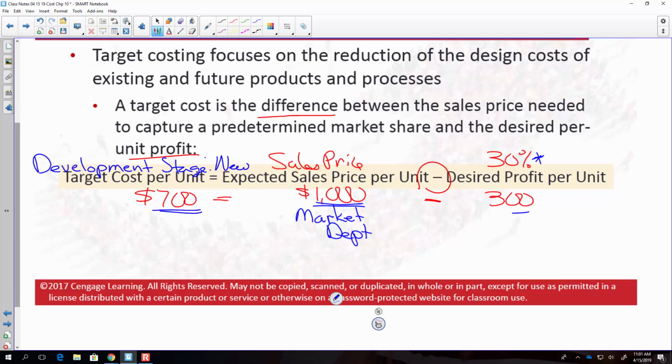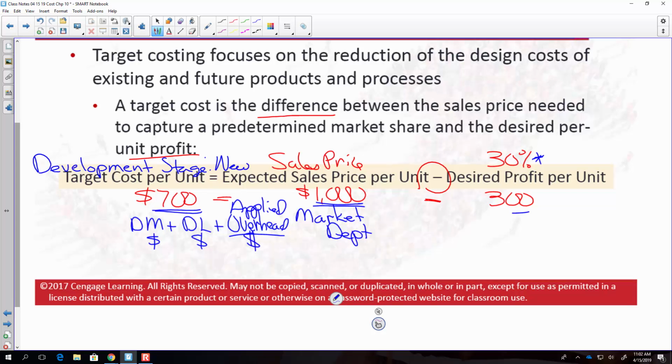So our target cost then in development is made up of our material cost, our labor cost, our overhead applied, right? So here again is a very good reason why we use an applied rate. We can quickly determine whether we can make it for that $700.